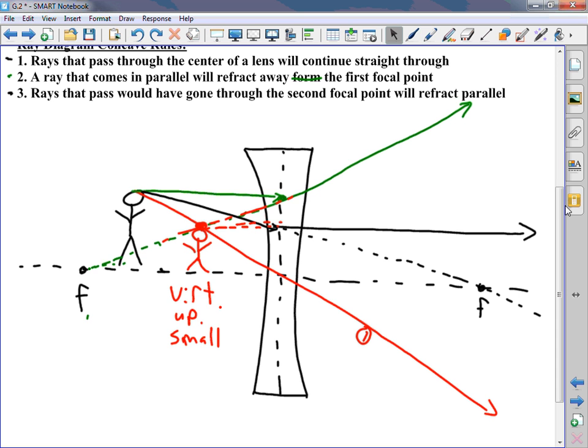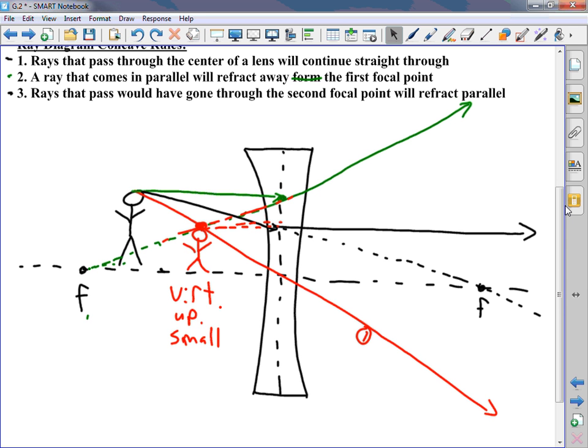For a convex lens, just some rules of thumb here: if the object is outside the focal point, you should always get a real, upside down image, almost always bigger. If it's inside the focal point for a convex lens, you should get an upright, virtual, or imaginary, whichever way you like to call it, larger image.